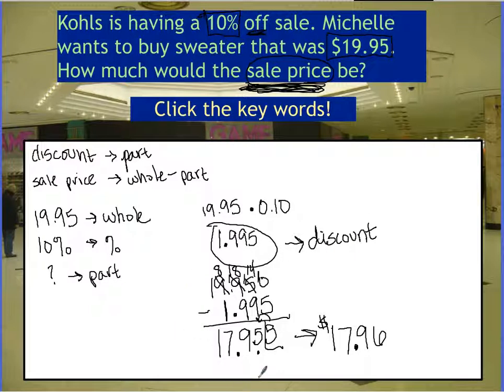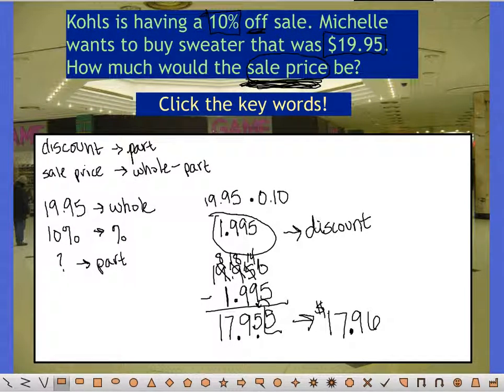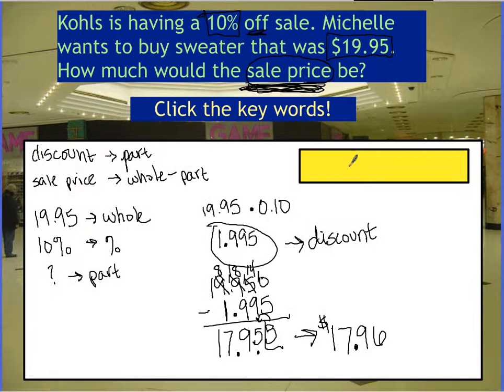What we're actually ending up doing here is we're taking this whole price, let's color this in with yellow so it's easier to see. We're taking this whole price of $19.95. And then we took 10% of it, which is right here, and we took it off of that price.